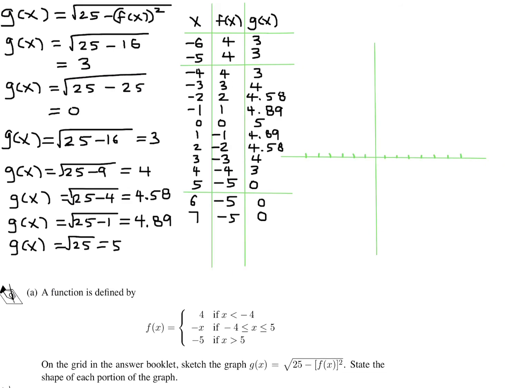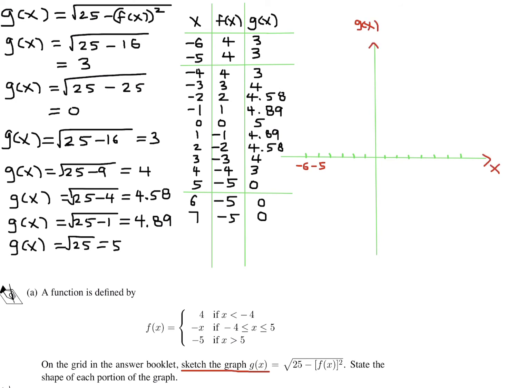Well, when x is -6, which is right here, or -5, we've got a value of 4 for f at x, and we've got a value of 3 for g at x. So we're plotting a graph of g at x. Sketch the graph of g at x. So on this graph, we've got g at x up here, and we've got x here.